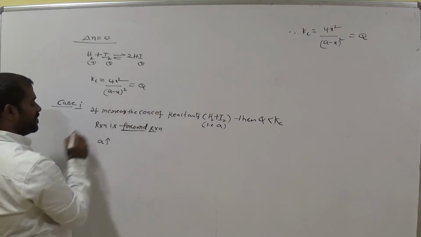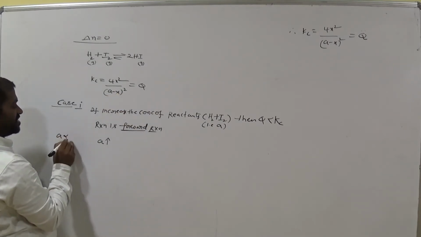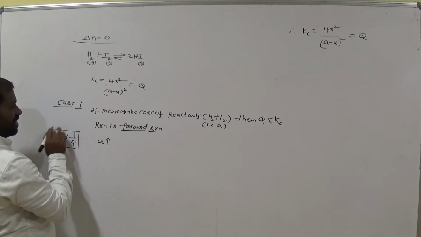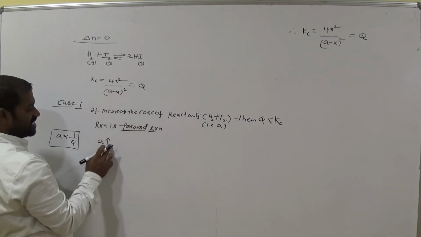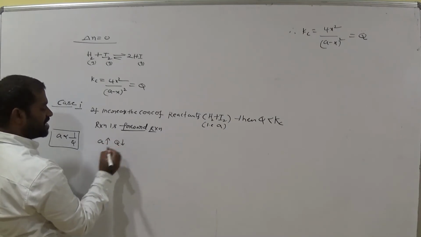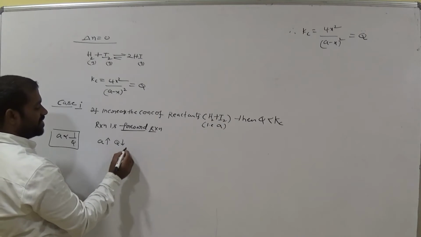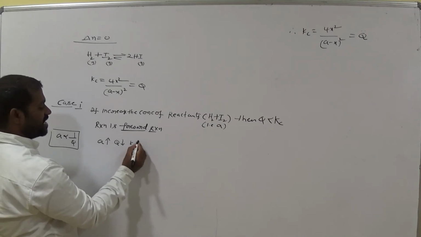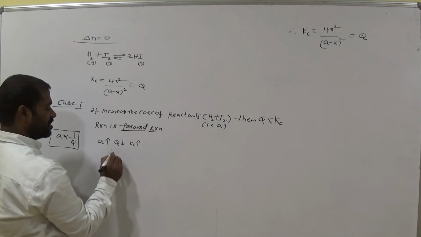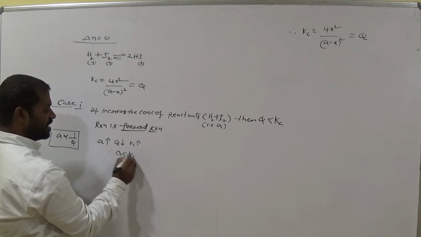Is it inversely proportional or not? A is inversely proportional to Q, am I right? From this expression, when we increase the concentration of reactants, what happens? The value of Q becomes less, or not? Q is less, and comparing this with Kc, Kc is higher. Therefore, Q is less than Kc.